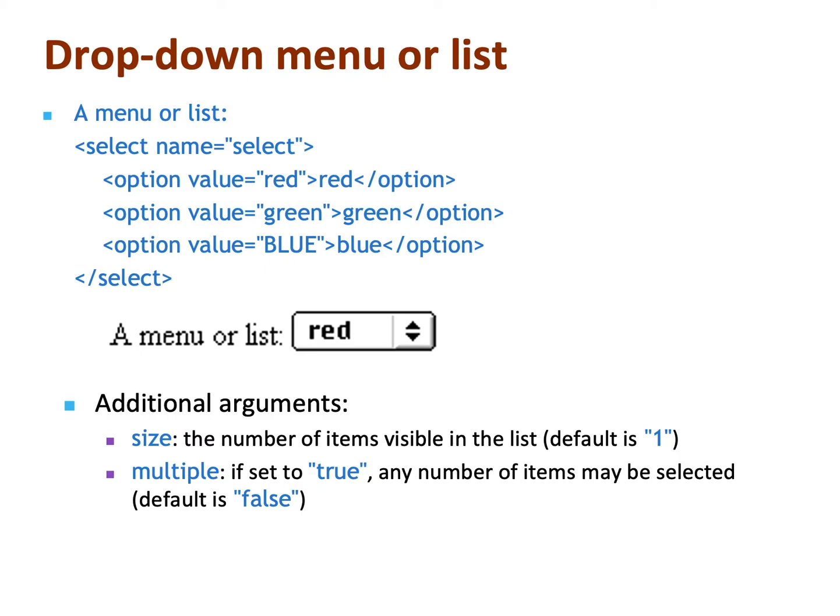So it'd be option, and then we give it a value, and then we close that option tag off, and then red is put in. So that's what's going to display for the user. In this case, it would show red, as you can see below. And then we'll close that off with the closing option tag, and then we follow on with option value green, and then option value blue, each with green and blue within them, and then we close off each with the closing of the option tag.